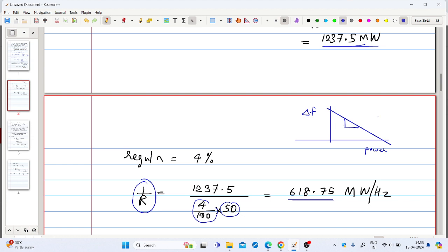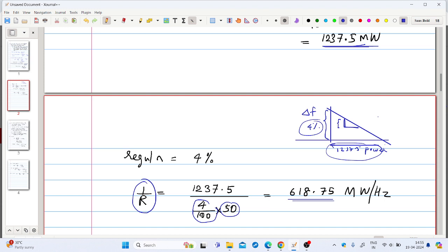So for 1237.5 megawatt change in power, the frequency changes 4% of 50 hertz. So that is delta Y by delta X, which will be R. So 1 by R will be the reciprocal of that, that is this change in power divided by change in frequency.